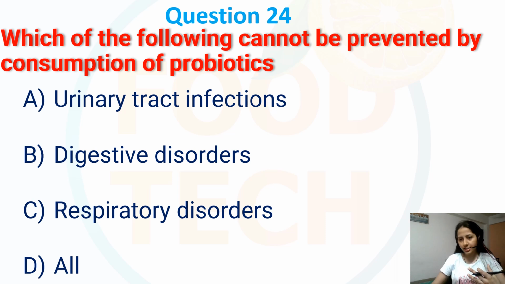While this probiotics can support our digestive health and may help prevent certain digestive disorders. So over here option number D will be my correct option, that among all these three, none of them can be prevented by the consumption of this probiotics.